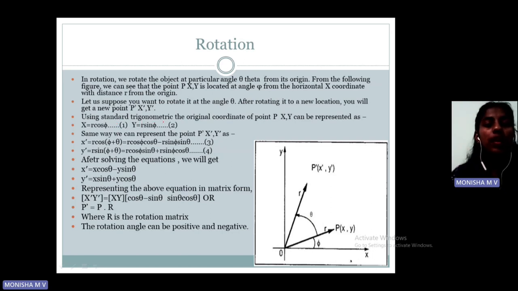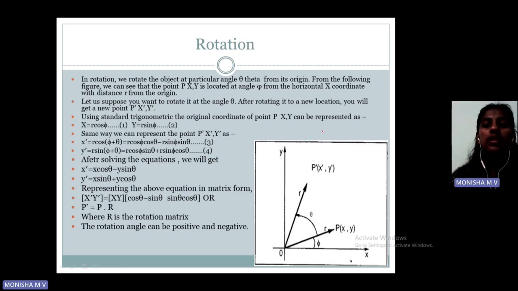Using standard trigonometry, the original coordinates of P(x, y) can be represented as follows: x equals r cos phi, which is the x coordinate.